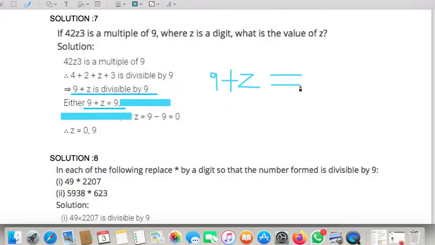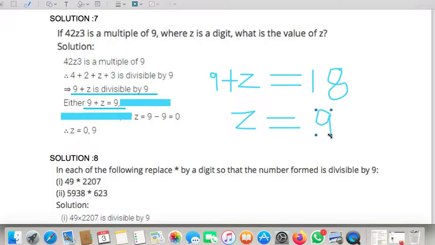So 9 plus Z equals 18 gives me the value of Z as 18 minus 9, that is 9.